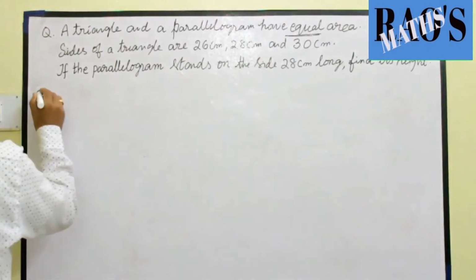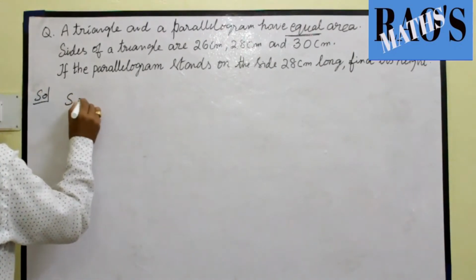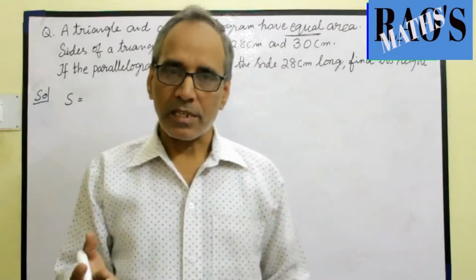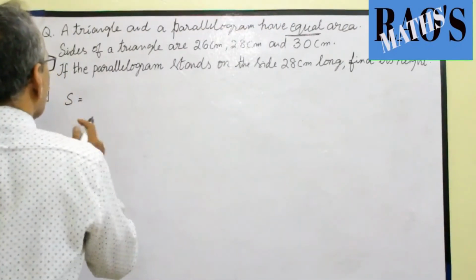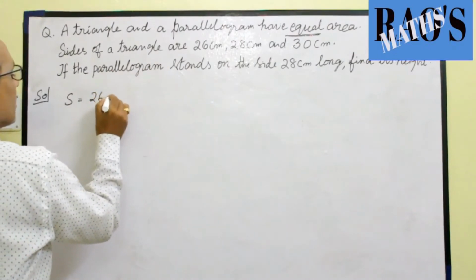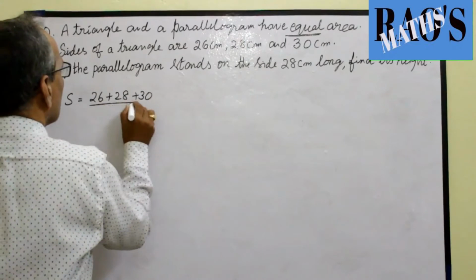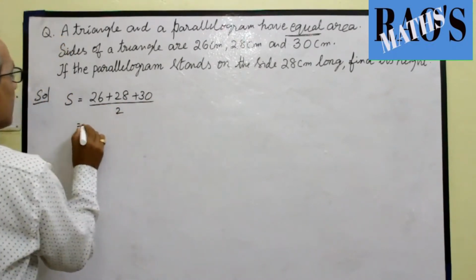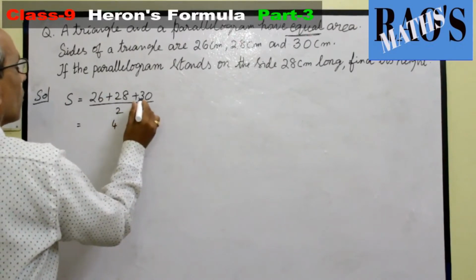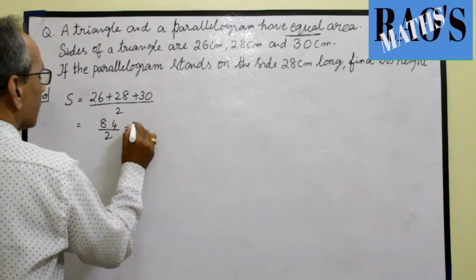Solution: I write directly s is equal to, but in the descriptive part, define what a, b, c are. s is equal to 26 plus 28 plus 30 by 2, which is 84 by 2, which is 42.